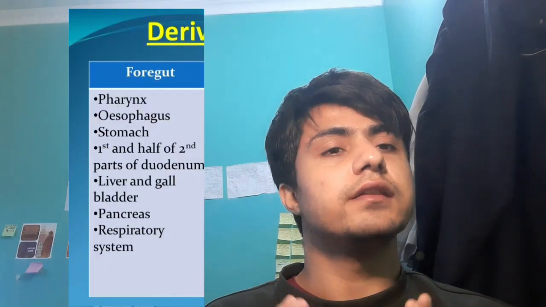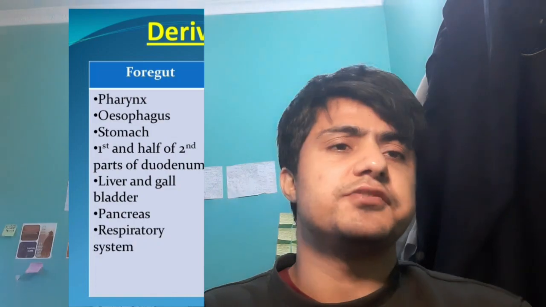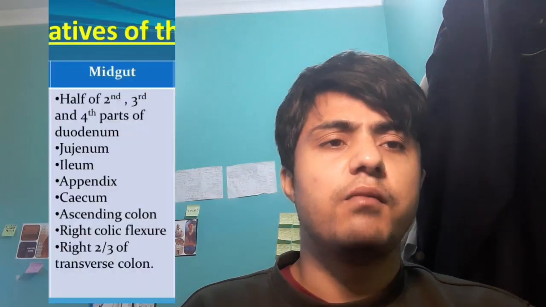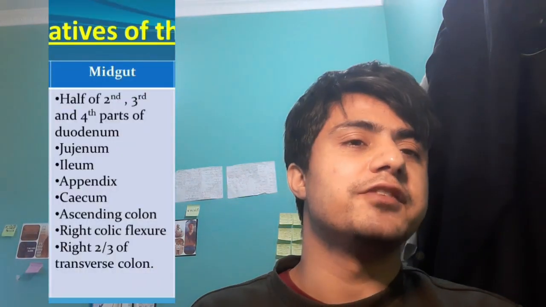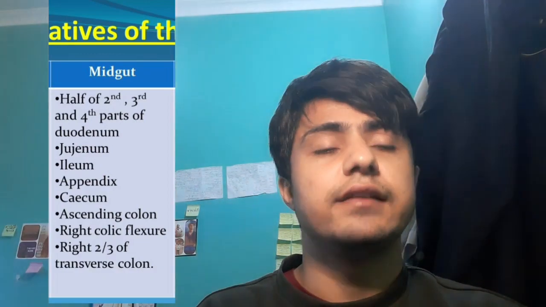Every foregut structure will have pain at which region? Pain at the epigastrium. So for any pain at the epigastrium, my first approach will be that it is a derivative of the foregut, so there must be a pathology in these regions. Pain at the umbilicus means midgut: any inflammation in the midgut causes pain at or around the umbilicus first.